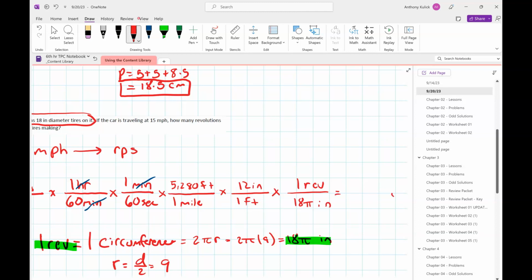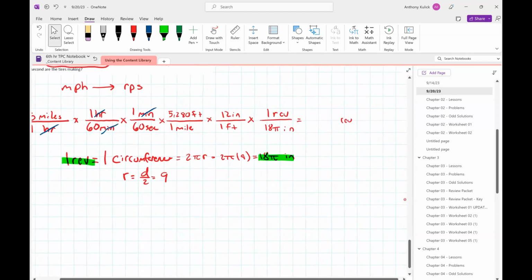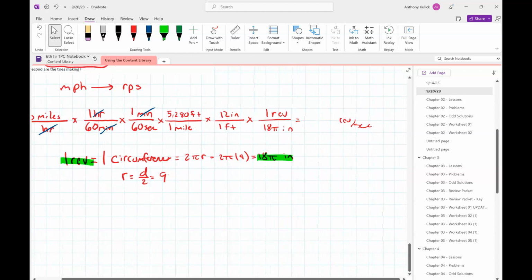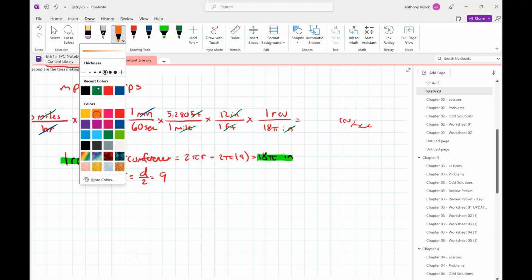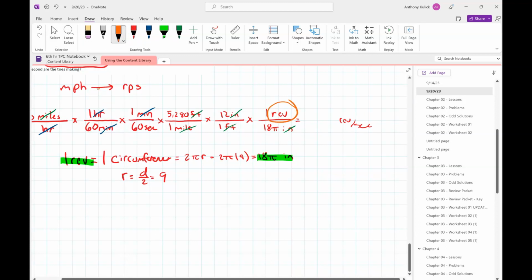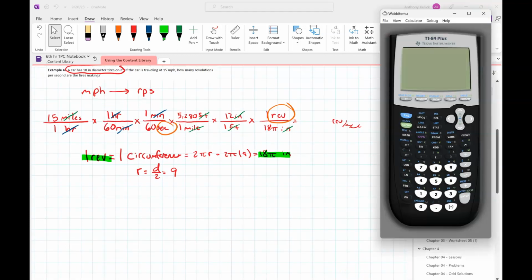And then I'll be in revolutions per second. So miles cancels with miles, feet with feet, inches with inches. And we're left then with revolutions per second. Everybody feel okay there?